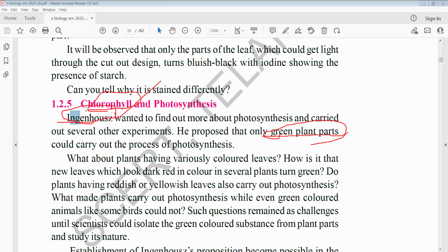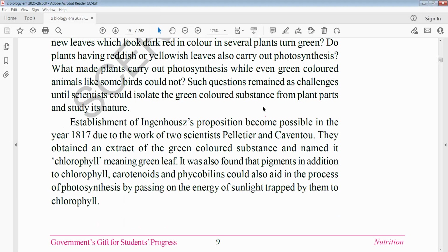This is also a choice that can come in examinations: who concluded that only green parts of plants carry out photosynthesis? Ingenhousz. It is important.